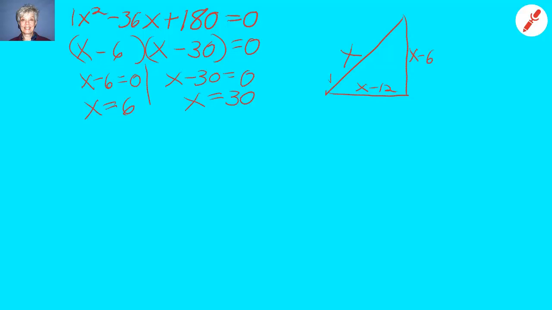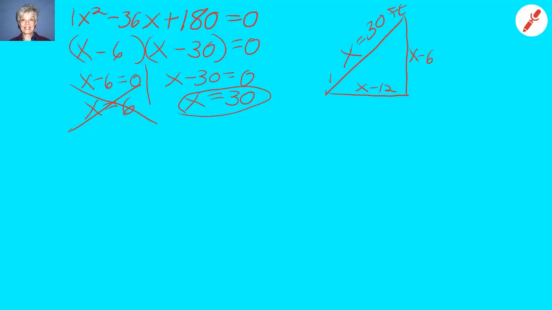Does x equaling 6 make any sense at all? No, I think not, because we would have 6 minus 6 here, which would be 0, and we would have 6 minus 12, which would be negative 6, which would not make sense. So the answer we're going to go with is that the ladder is 30 feet long.